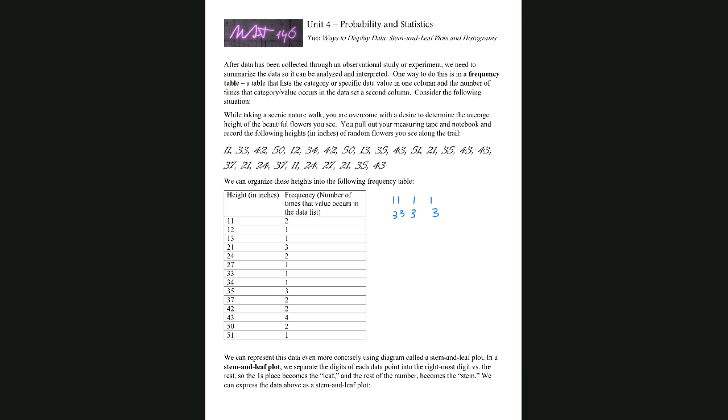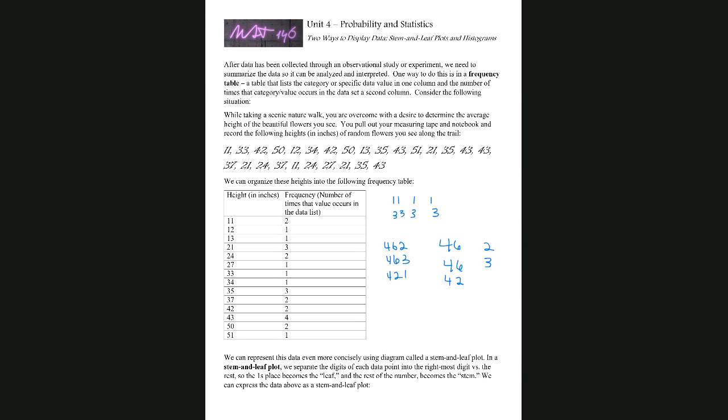If I had something like 462 and 463 and 421, then I would break this up into 46 and 2, 46 and 3, and 42 and 1.